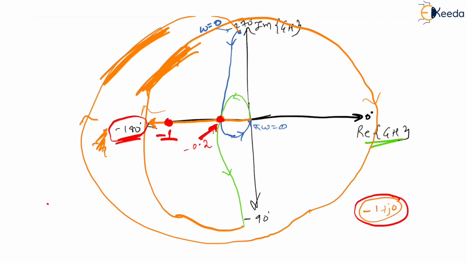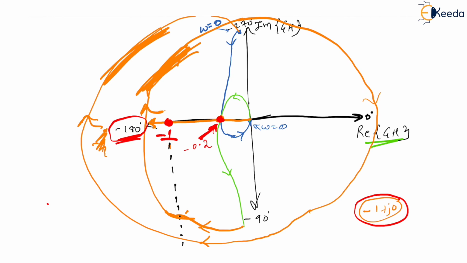Now I need to check how many times there have been encirclements. To check that, I will just take it this way down. If I check down, what do I see? I see that this one was going anti-clockwise, so this was going this way, and this was also going this way.